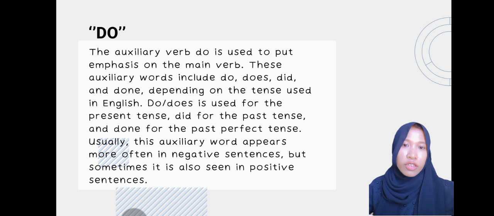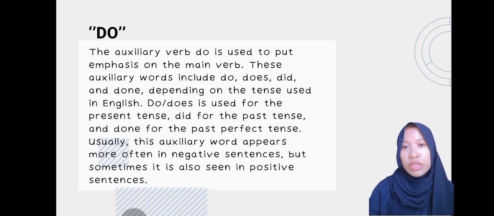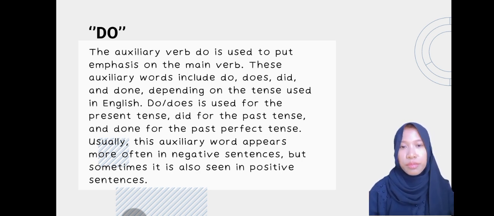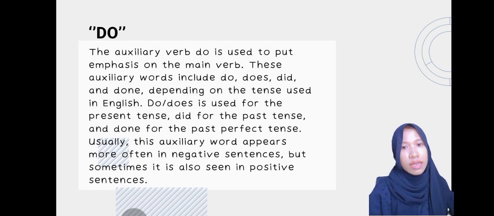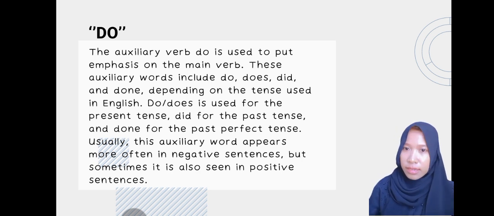Okay, the auxiliary verb do is used to put emphasis on the main verb. These auxiliary words include do, does, did, and done, depending on the tense used in English.